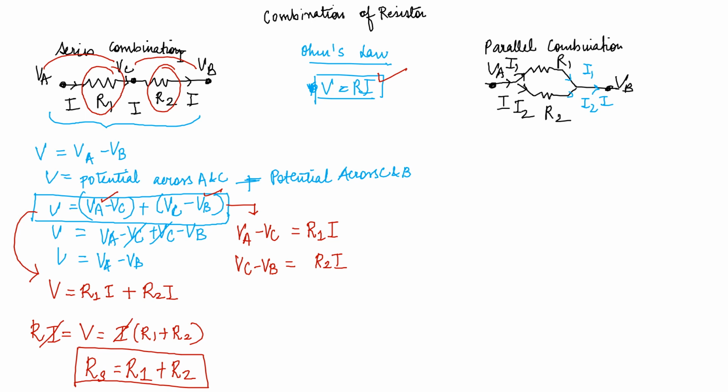Now here the combination Rs will always be greater than or equal to R1, R2 or any of the resistors present. Okay, I'll just rewrite it.